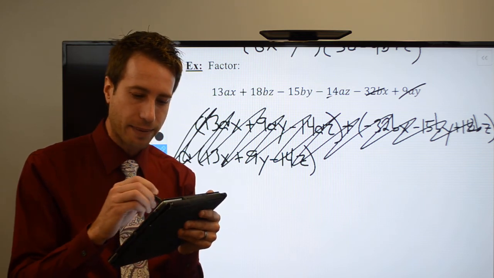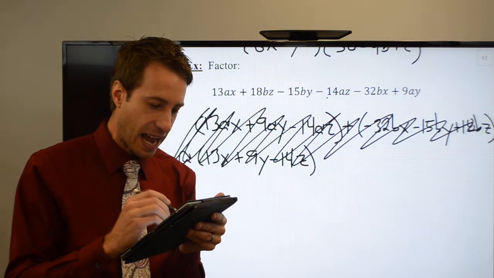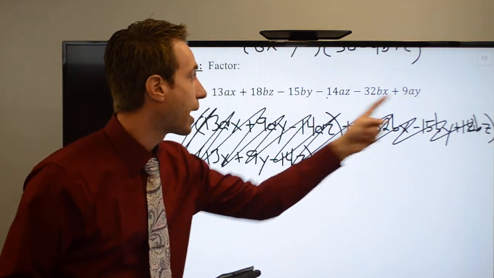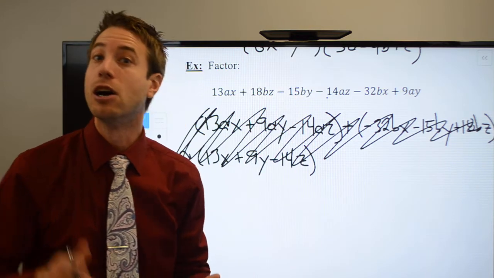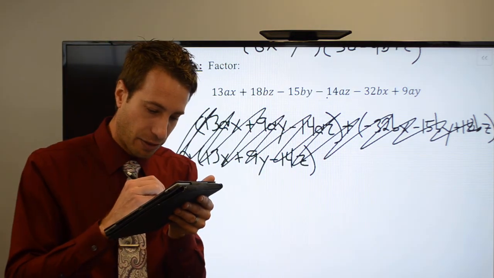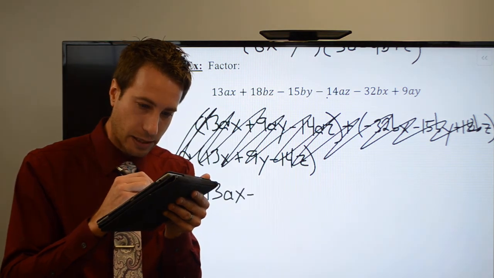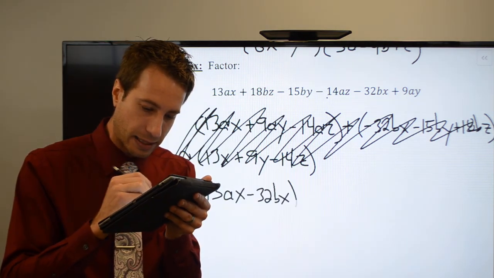And let's try again. So what if instead I group together, right? I've got X and X, Y and Y, Z and Z. Let's try that. 13AX minus 32BX.